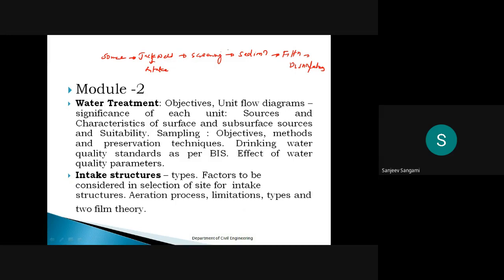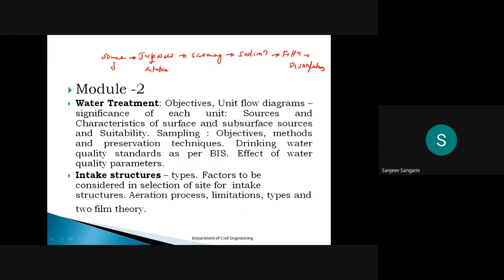That includes sources, the characteristics of surface and subsurface water, then sampling, how exactly the water should be collected and the methodology for collecting water from the sources. We will discuss that in this module.